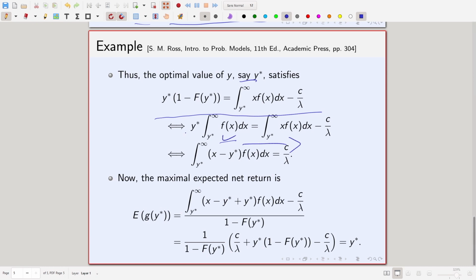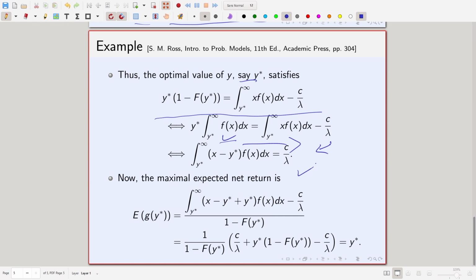Remember y star is a constant. So, this just becomes the integral from y star to infinity of (x minus y star) f(x) dx, and you bring this C lambda to this side. So, this is equal to C over lambda. I have done some very simple algebra here so that you can easily check. Finally, you get that the optimal value y star will satisfy this relation.